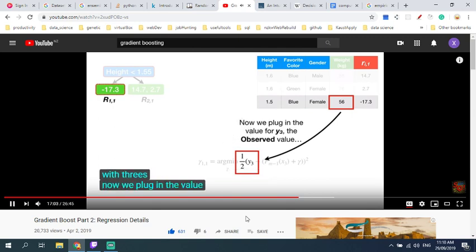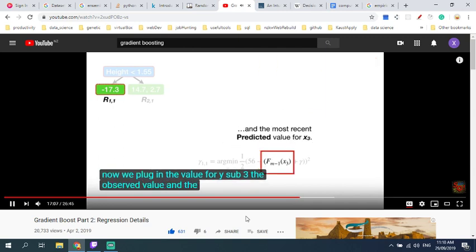Now we plug in the value for y sub 3, the observed value, and the most recent predicted value for x sub 3.